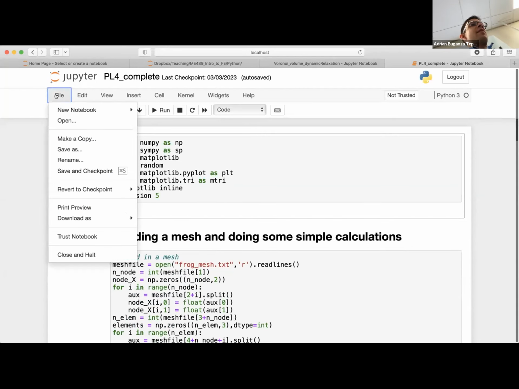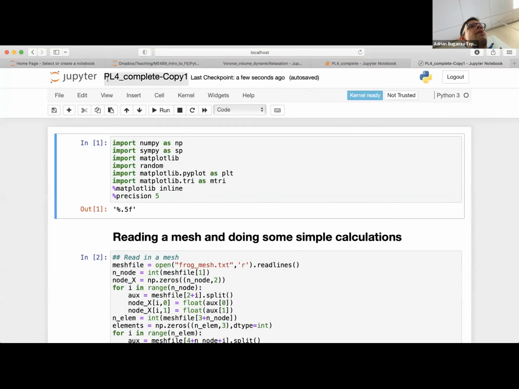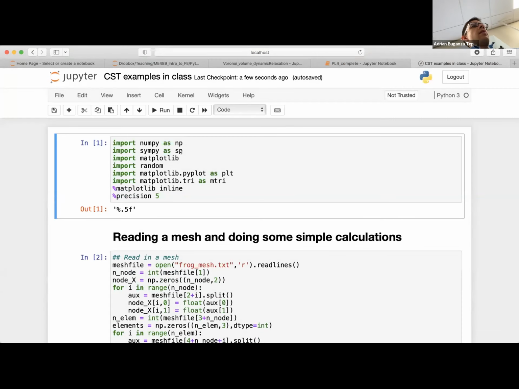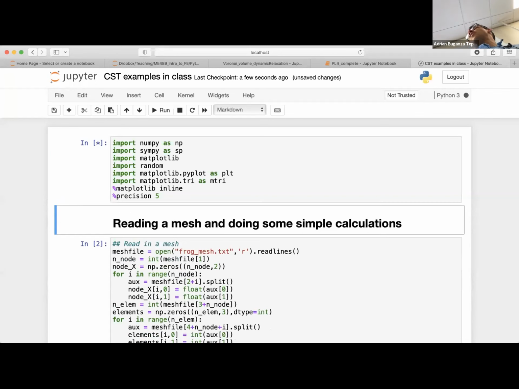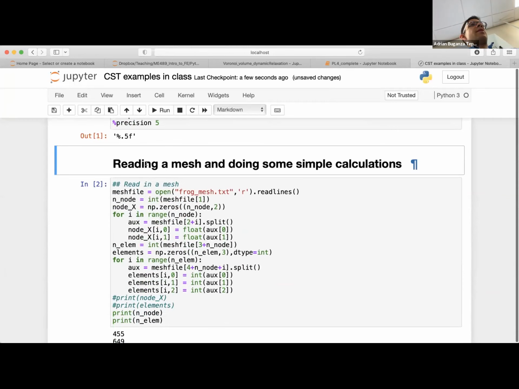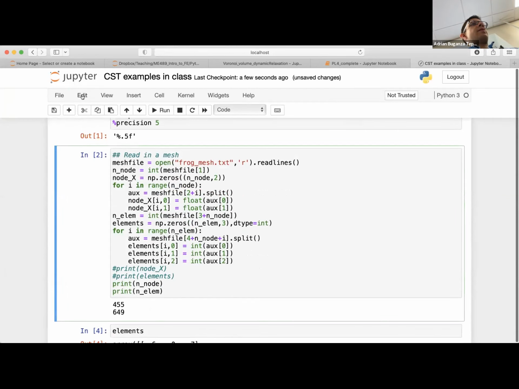For this, let me just create a copy. And so we have, I'm not going to read the mesh, so actually I don't need this.